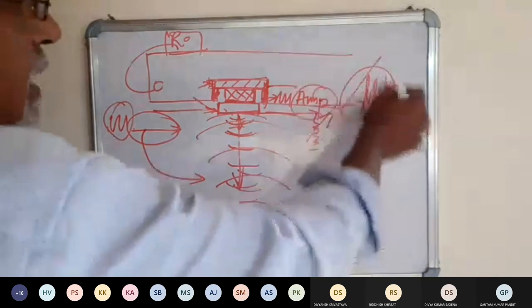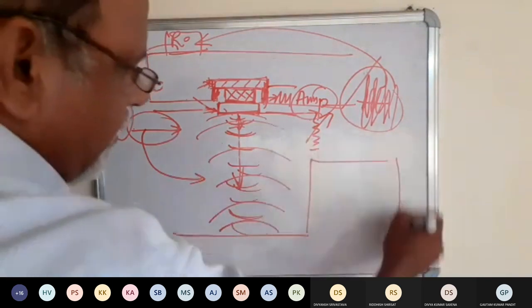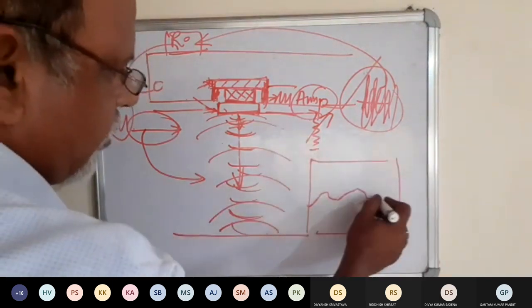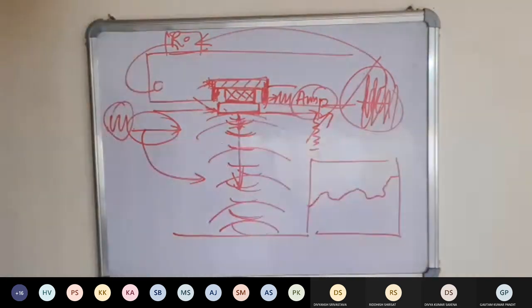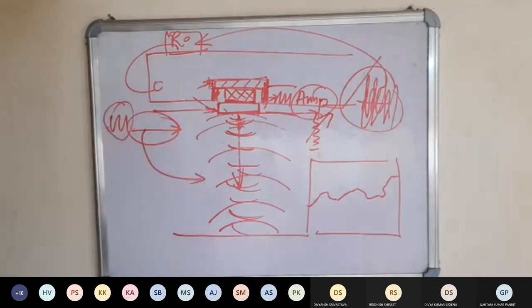This signal is then given to the recorder. The recorder will do the recording of the depth. So this is how the electrostatic transducer is working.